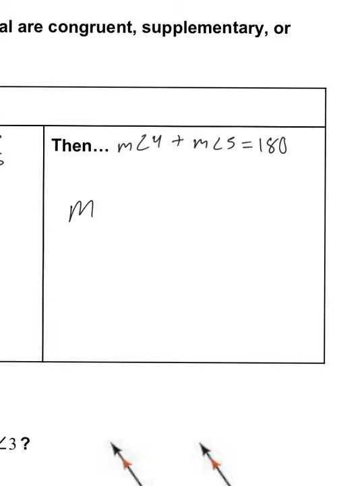And I could add the measure of angle 3 and the measure of angle 6 and get 180 as well. So same side interior angles are supplementary, okay? They are supplementary.